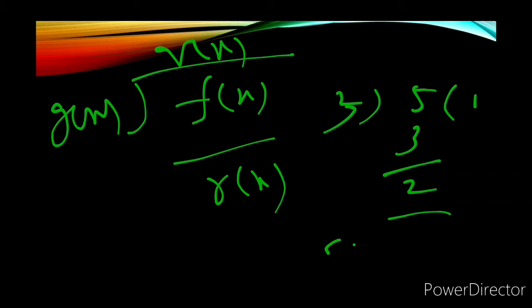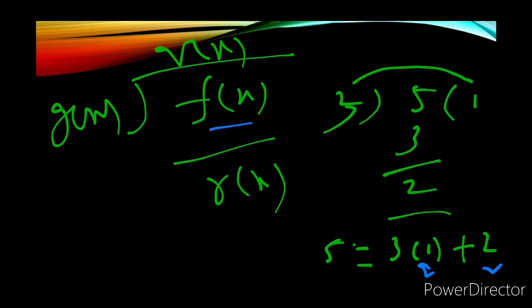So 5 can be written as, the dividend 5 can be written as divisor 2 into quotient 2 plus remainder 1. Here 2 is the quotient and 1 is the remainder. So likewise, here how can we write this? Here f of x is the dividend, this is the divisor, this is the quotient, this is the remainder.